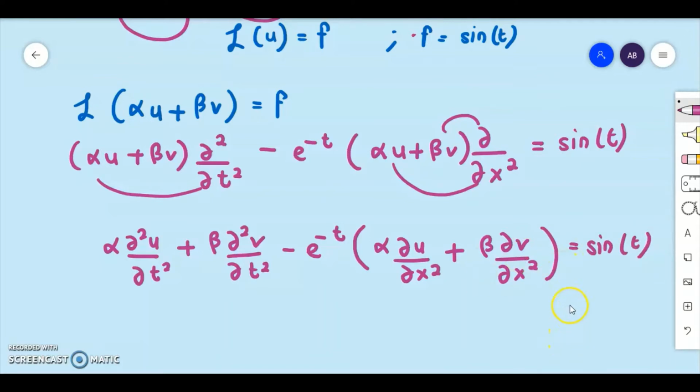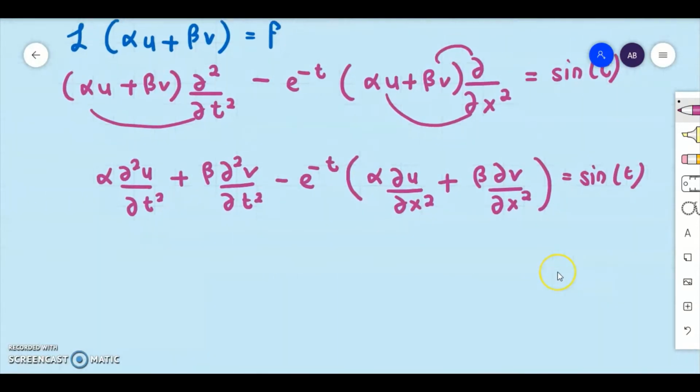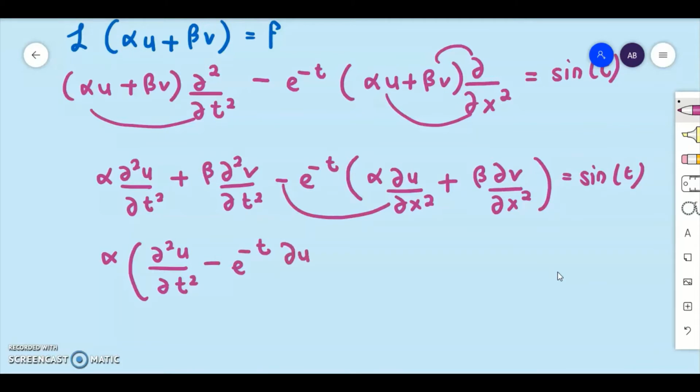Okay, now taking the common factor alpha, what we have here is alpha factoring partial squared U over partial T squared minus this term here, minus e to the negative T. Alpha is already factored out, so I have partial U over partial x squared.